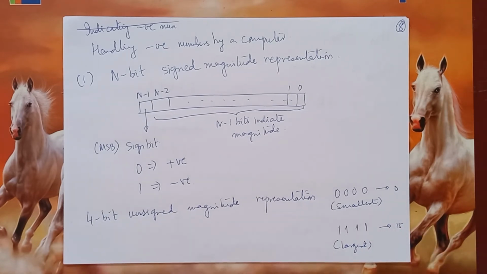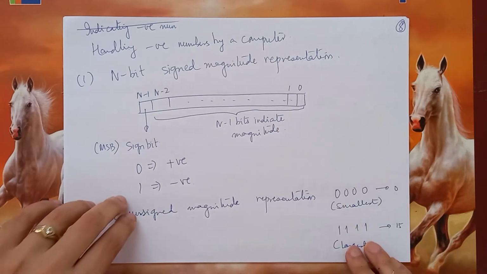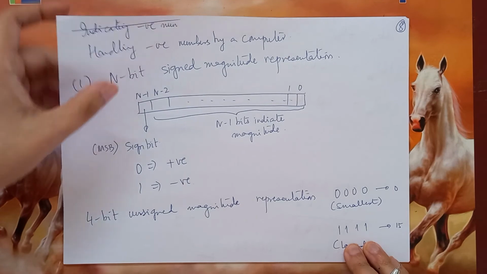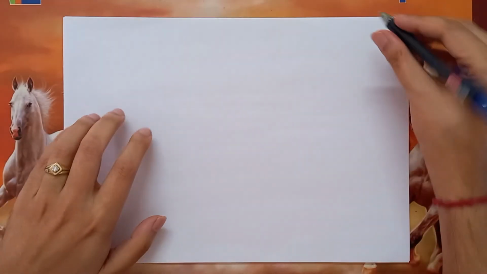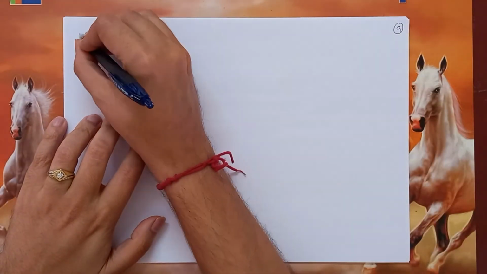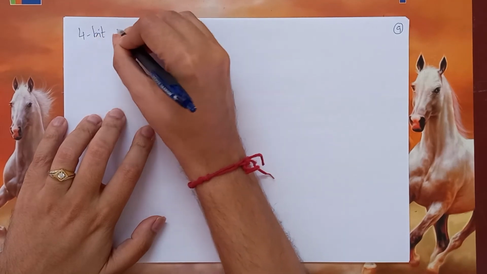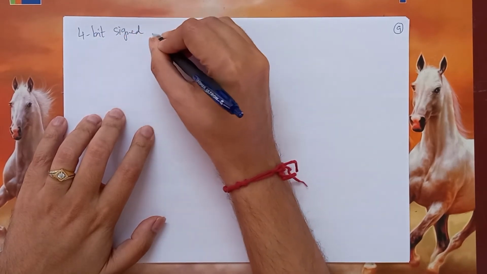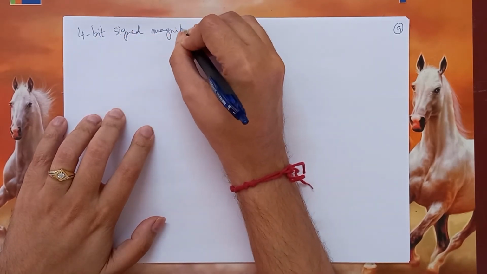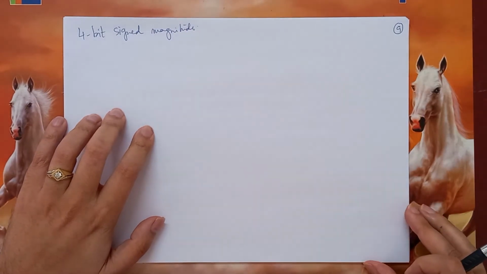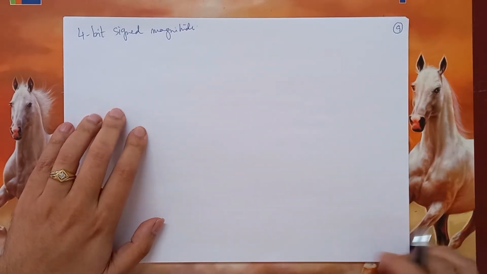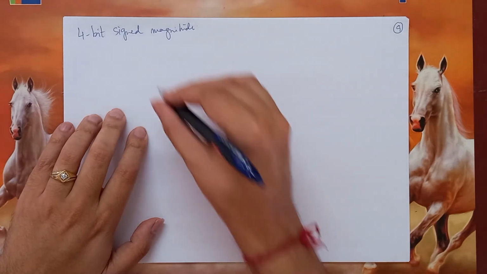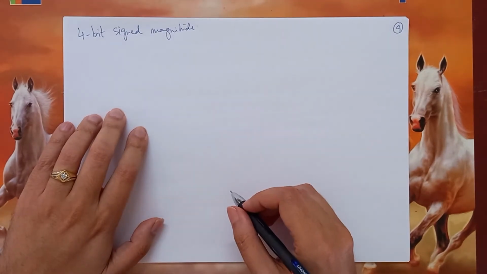Alright. But now if we say it will be a 4-bit signed magnitude, what does that mean? Four-bit signed magnitude means the MSB will be for the sign.